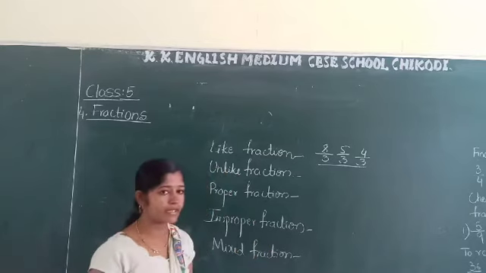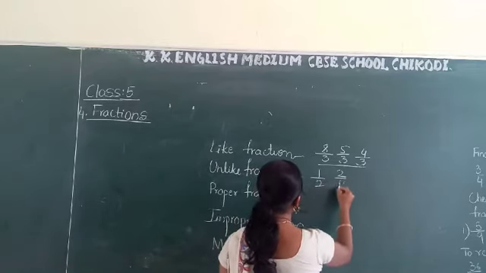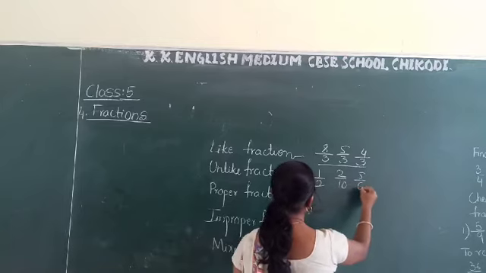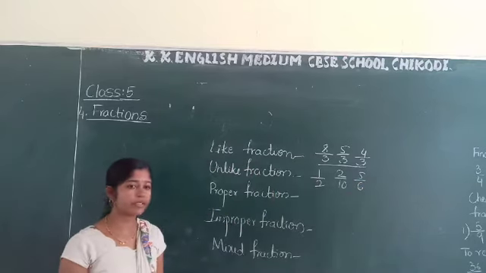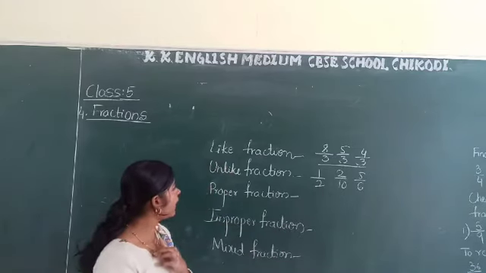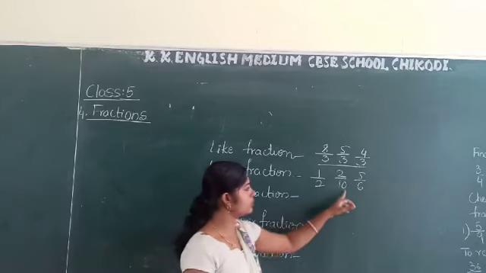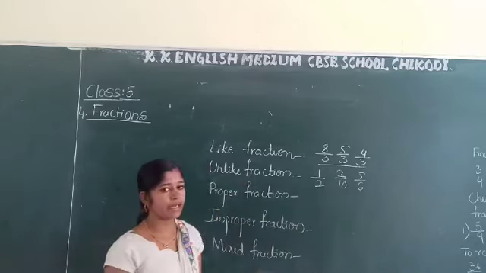Then what is unlike? It's the opposite. Take 1 by 2, 2 by 10, 5 by 6. Here the fractions have different denominators, 2, 10, 6, so we call them unlike fractions.